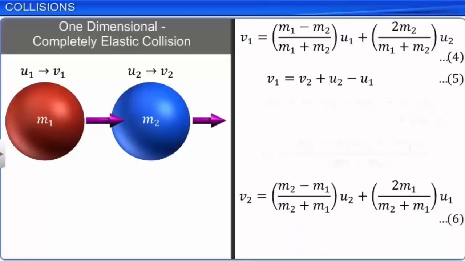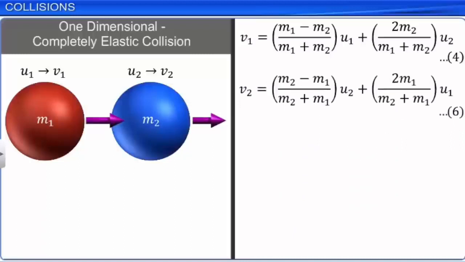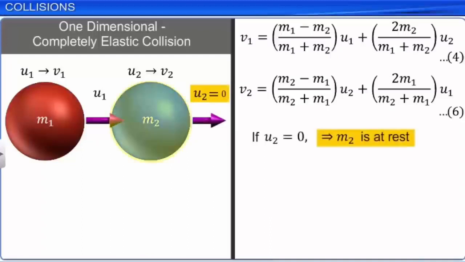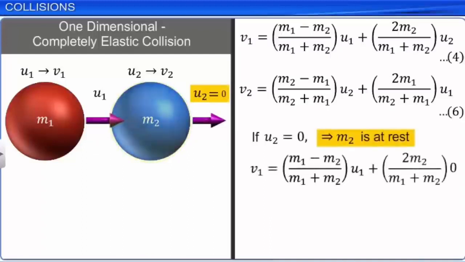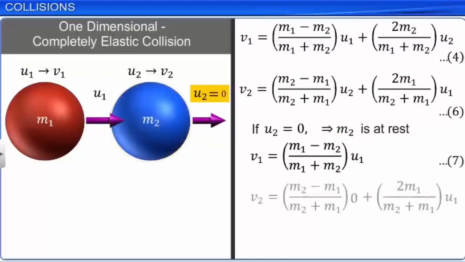As a special case, if we assume that m2 was at rest before the collision, then u2 will be 0 and v1 reduces to v1 = ((m1 - m2)/(m1 + m2))u1. Let this be equation 7. And v2 = (2m1/(m2 + m1))u1.